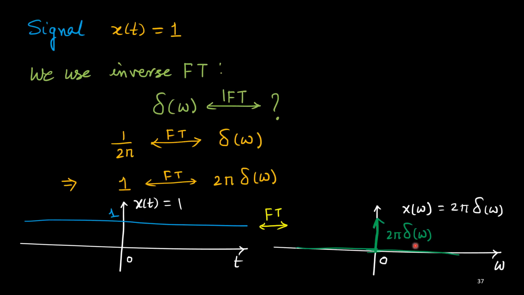But if the signal is time limited, then you won't get any delta function. But if the signal is time unlimited, periodic or DC, then you will get a delta function. Okay, that thing we have discussed in detail in one lecture. You will get the link of those videos in the description. You can follow that one.